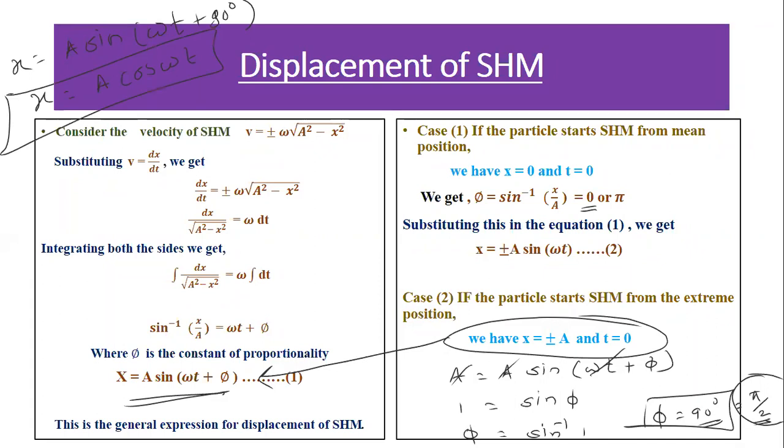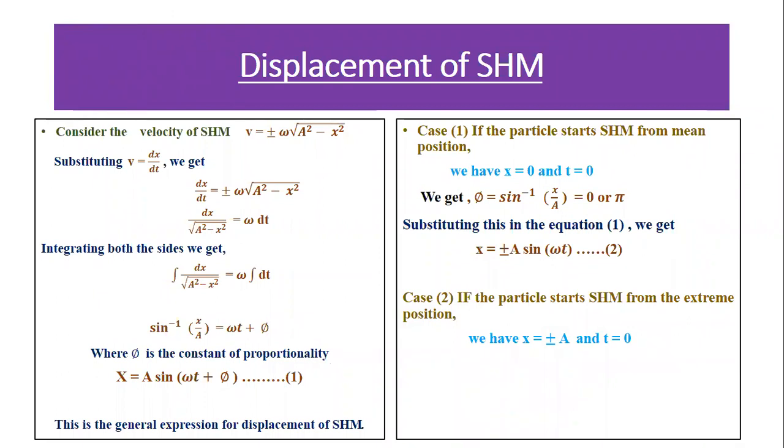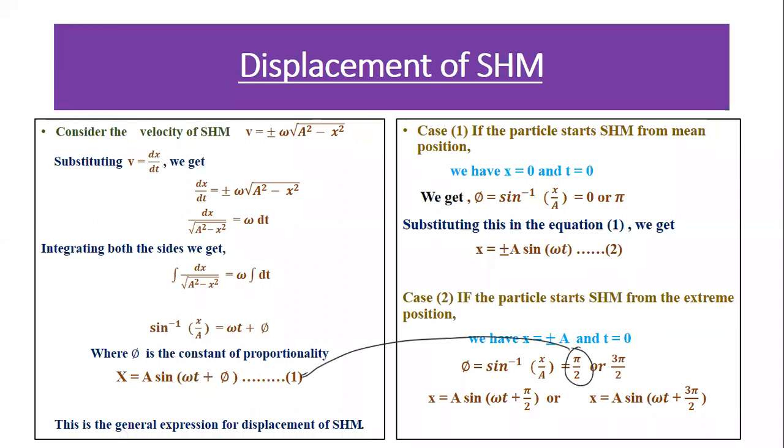This formula we get. And the same formula you can see here. So here we get phi is equal to 90, or we can write 270 also, or 3 pi by 2. Okay, if we substitute this 90 value in equation number 1, we get sine omega t plus 90, and it is cos omega t.